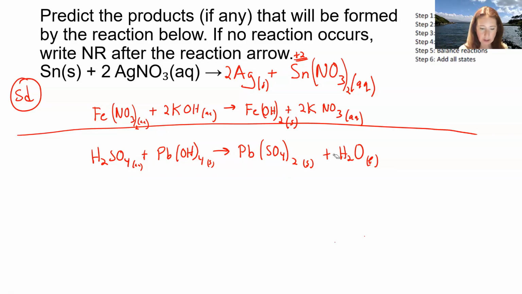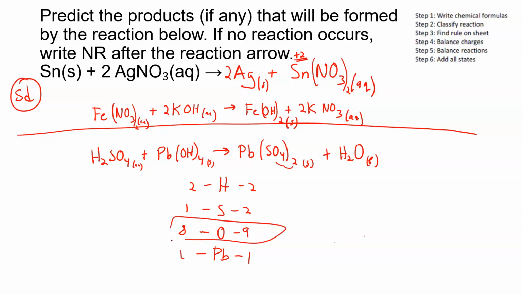I'm going to try it the long way because I know people like that. So we have H, S, O, and Pb. 2, 2, 1, 2, 4, 8 O's, 9 O's. Pb 1, Pb 1. See, this is why I said I'm going to stay away from my O's.